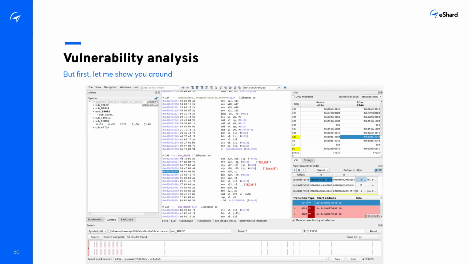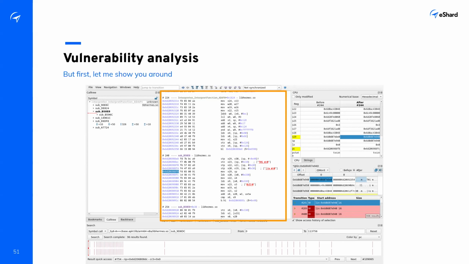It works this way. In the middle, you have a top-down paradigm for each ever executed instruction, from top to bottom. Quite simple. You see the disassembly, the addresses executed. Each instruction is called a transition in our paradigm. And you have different panels on the side that will synchronize with the selected instruction in the main view.